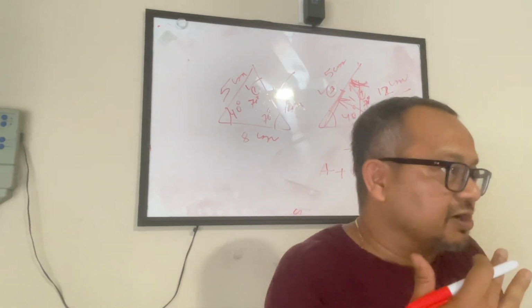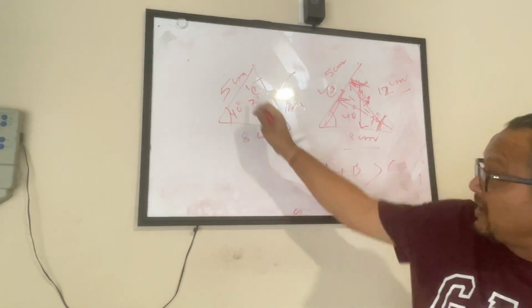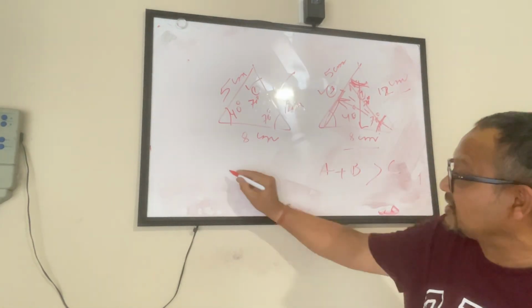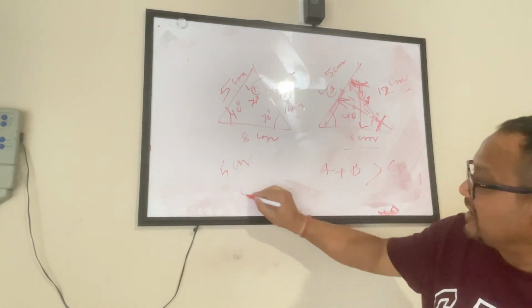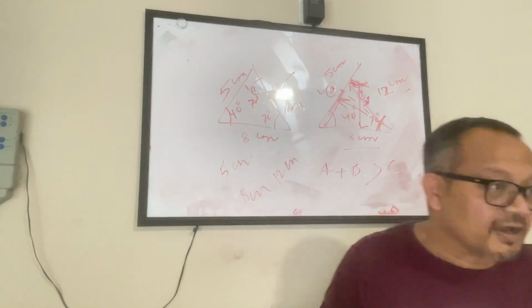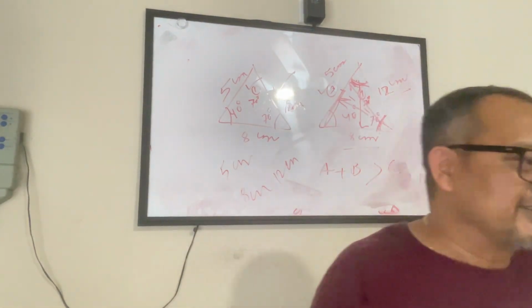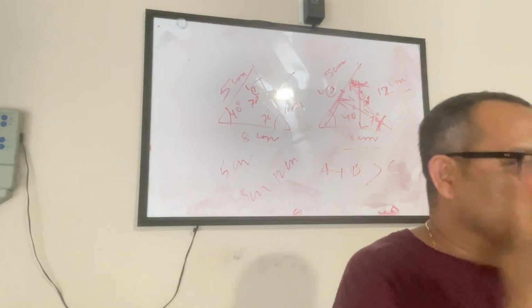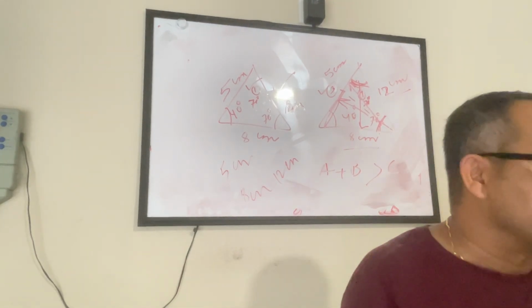Because that is very important. You will never be able to draw a triangle with sides of 5 centimeters, 8 centimeters and 12 centimeters with this kind of angle. You cannot draw it, because this is defying the basic principles of geometry. Okay?